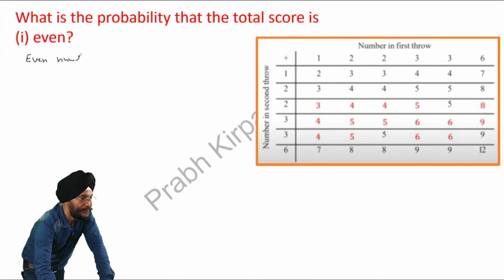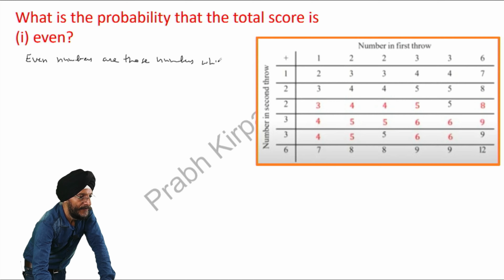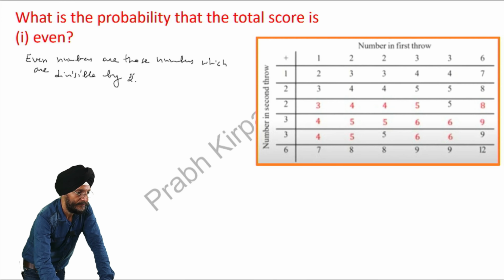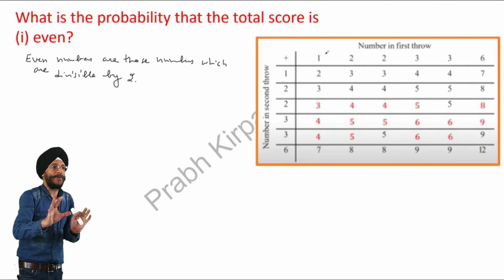Even numbers are those numbers which are divisible by 2. Completely divisible.